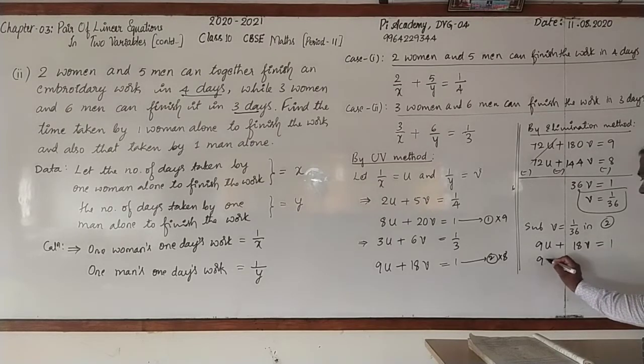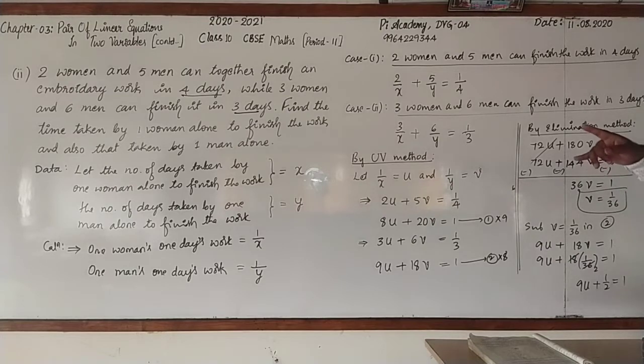Then 9U plus 18 into 1 by 36 is equal to 1. 18 by 36 is 1 by 2. It is 9U plus 1 by 2 is equal to 1.